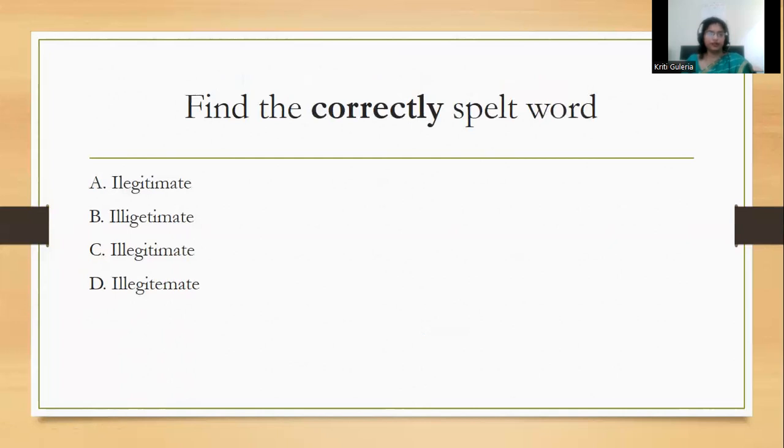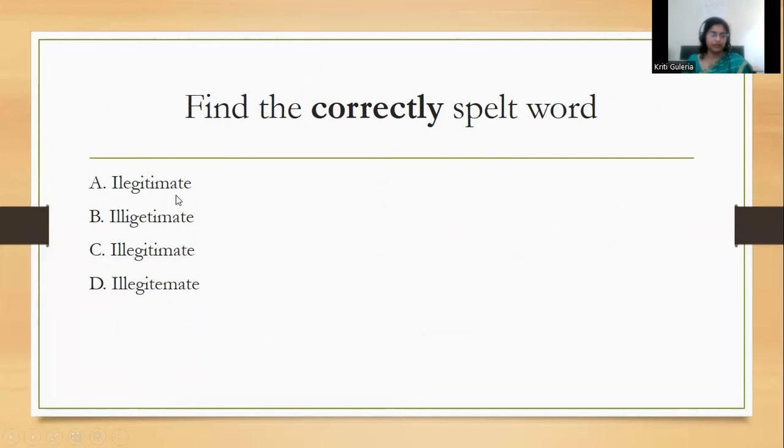After this, you have to find the correctly spelled word. The word is illegitimate, but the spelling is different in all four options. So either it is A, ILEGITIMATE, or B, ILLIGETIMATE, or C, ILLEGITIMATE, or D, ILLEGITEMATE. So first of all, you have to find out the core word, that is legitimate.